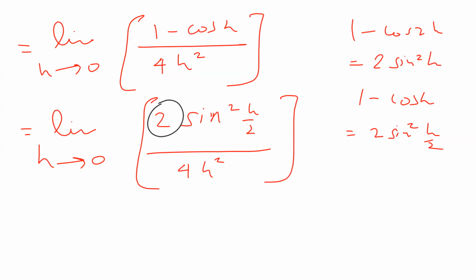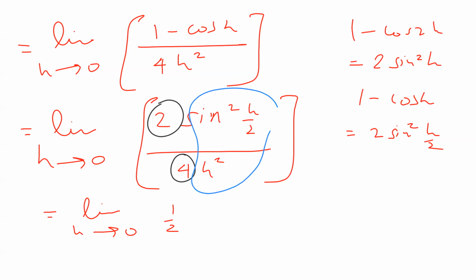So this 2 upon 4 will be half, and the square terms I'll just group: sine h by 2 upon h the whole square. Now observe, we are having h by 2 over here, so down also we need an h by 2. So limit h approaching 0, 1 by 2, sine h by 2.